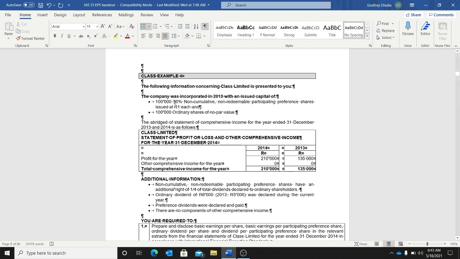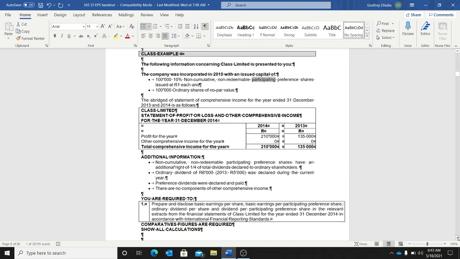So there are 10% participating preference shares. The word participating means these guys will get paid twice. They get a fixed dividend and then they participate in the profits that remain. Let's look at this question.